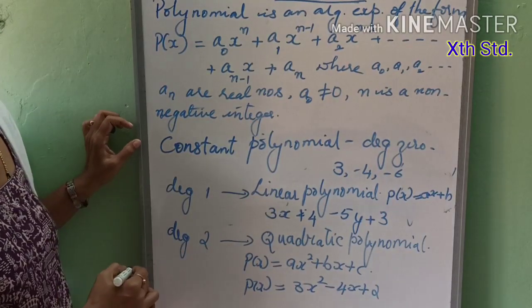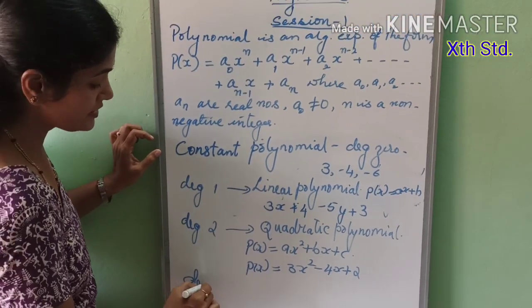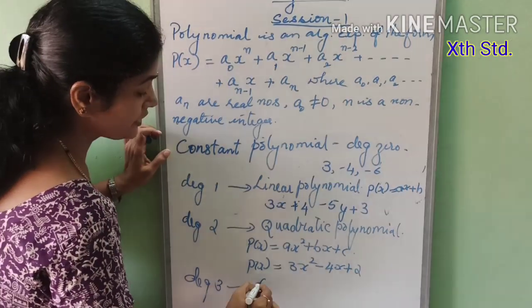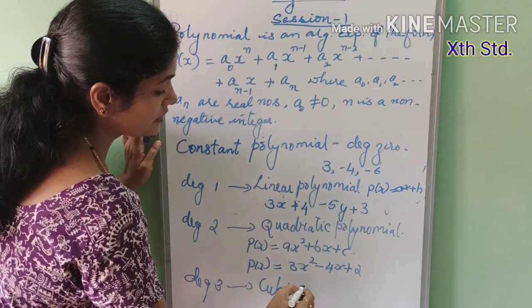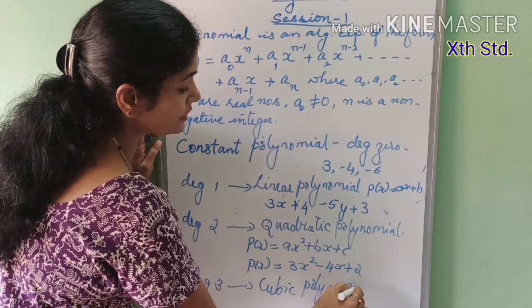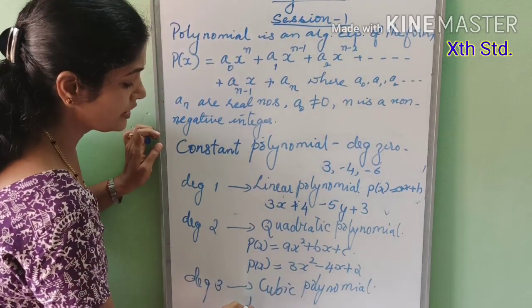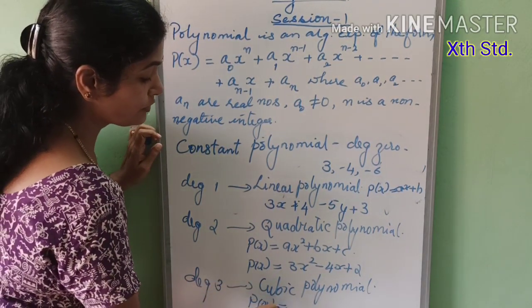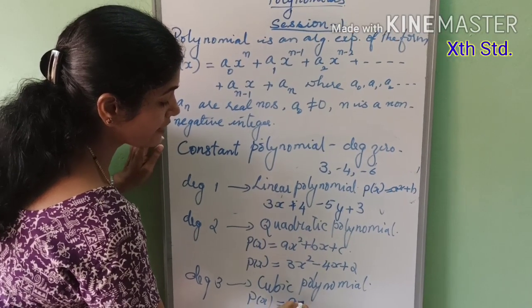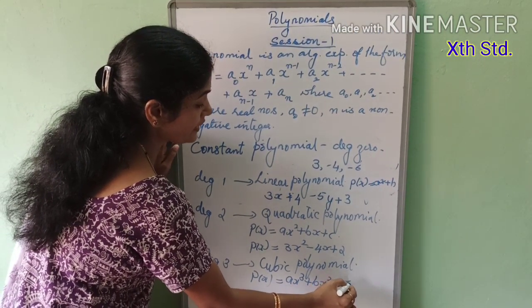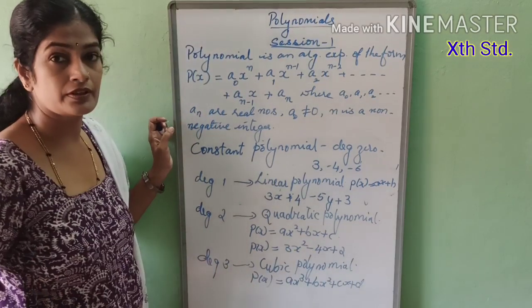Now, if the degree of the polynomial is 3, then it is called a cubic polynomial. Standard form of a cubic polynomial: P of x is equal to ax cube plus bx square plus cx plus d.